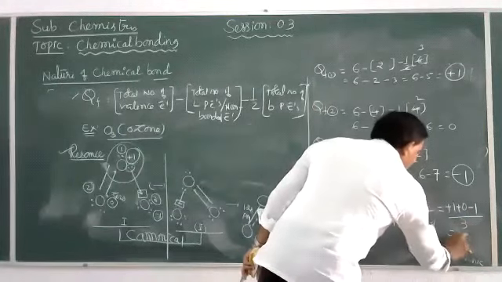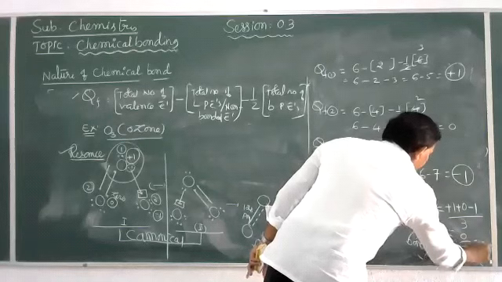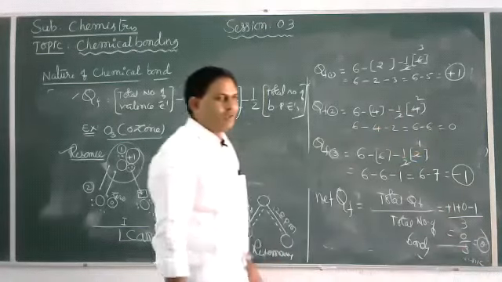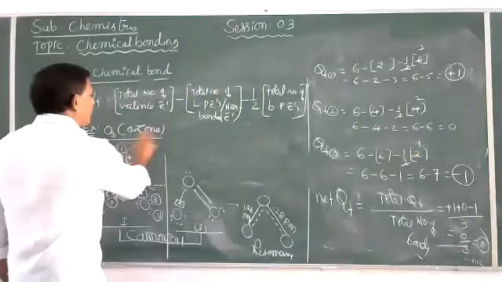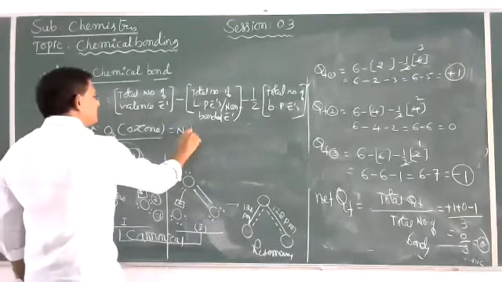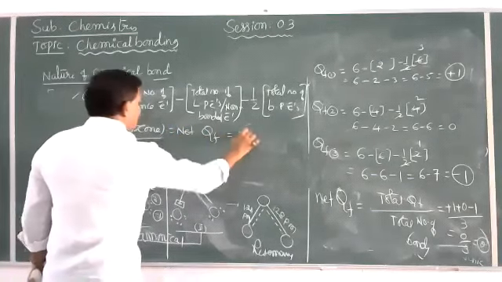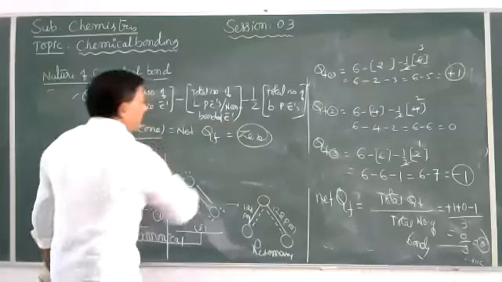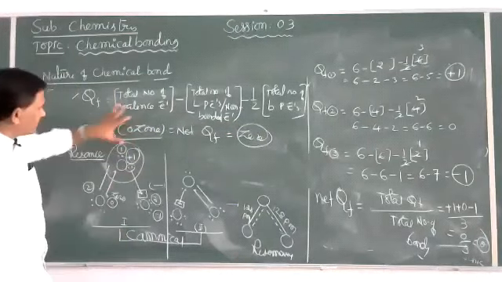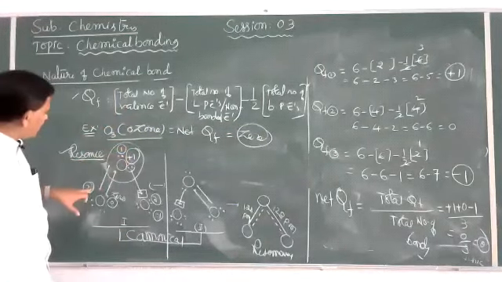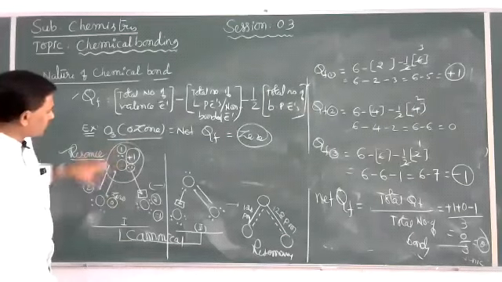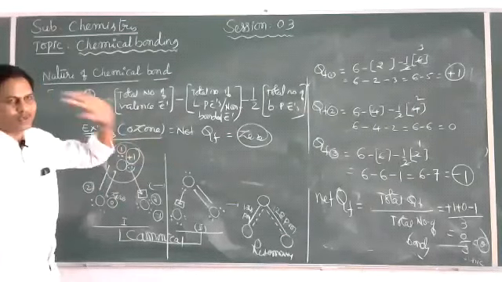That is 0 by 3, which equals 0. The net formal charge for the ozone molecule is 0. So the individual atoms are +1, 0, -1, but the total net charge is 0.